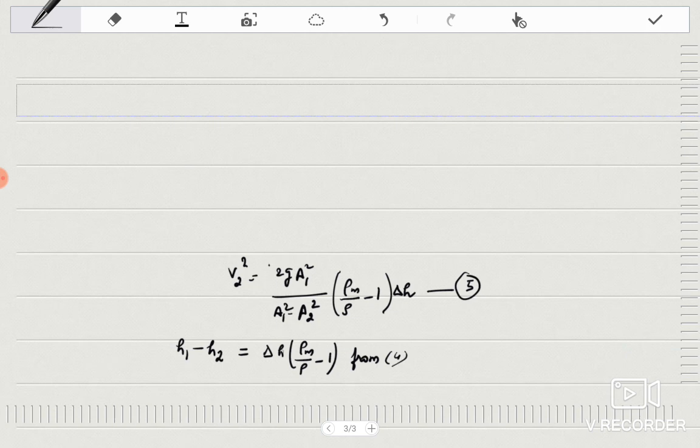Actually, this is the column head. So if you want to find the difference between the two levels, H1 minus H2, you just multiply that column head into rho m upon rho minus 1. This is the density of the mercury in the manometer, this is the density of the fluid, minus 1. It will give you the answer of H1 minus H2. And then substituting this answer, you can get V2 square.